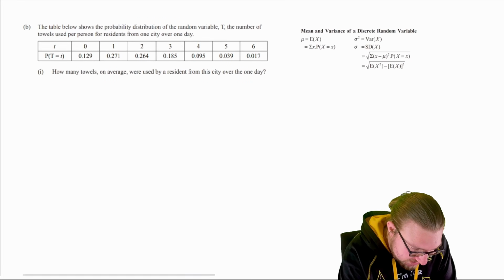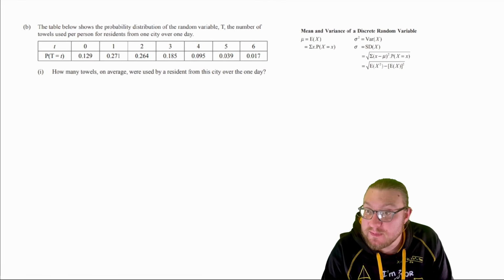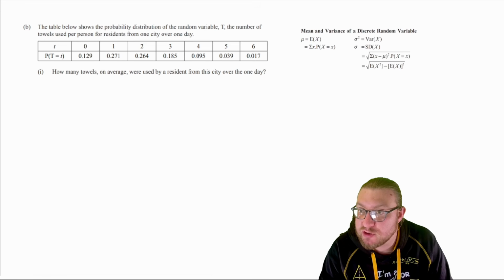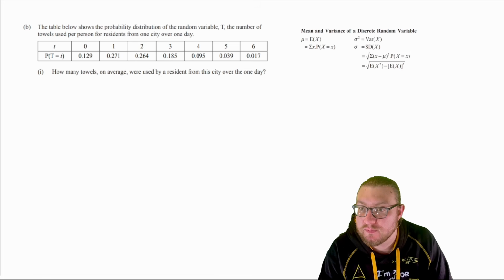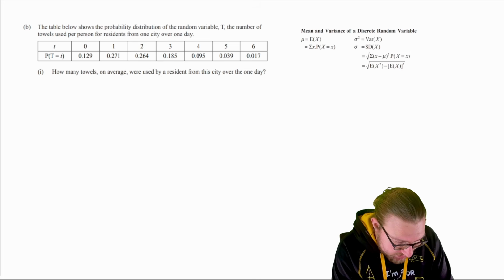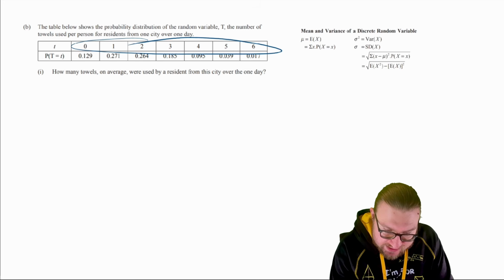Okay, so next question. The table below shows the probability distribution of a random variable t, the number of towels used per person for residents from one city over one day. So we have 6 values that t can take on.